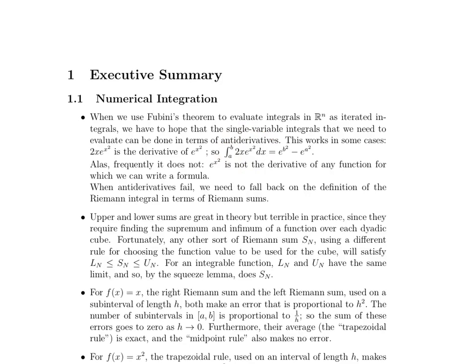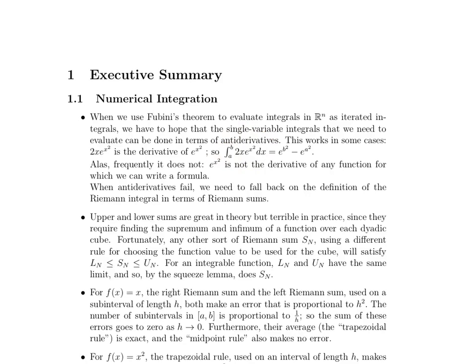In fact, what we need to do is go back to our definition of the Riemann integral in terms of Riemann sums. So upper and lower sums are great in theory, but generally pretty difficult to deal with in practice because they require us to be able to find the supremum and the infimum of a function over every single dyadic cube.